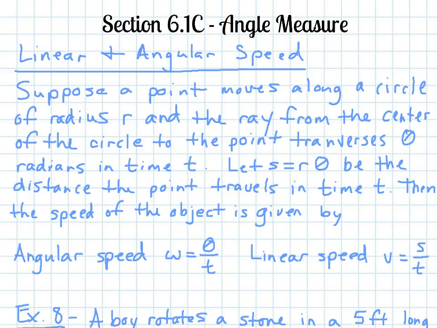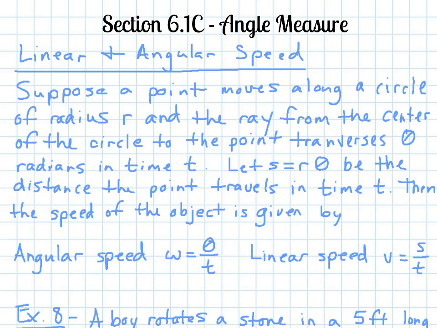So first, linear and angular speed is when, suppose a point moves along a circle of radius r, and the ray from the center of the circle to the point traverses theta radians in time t.